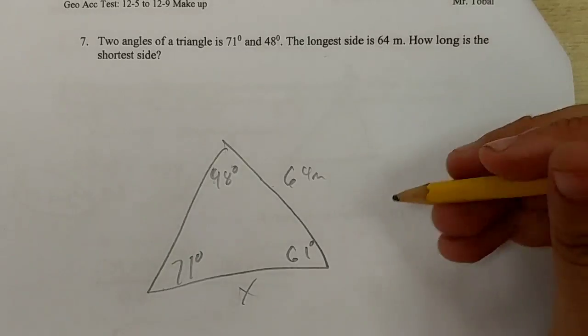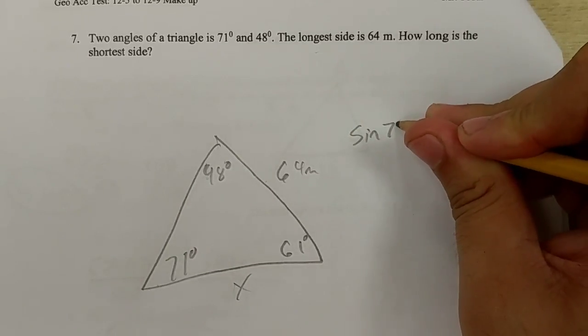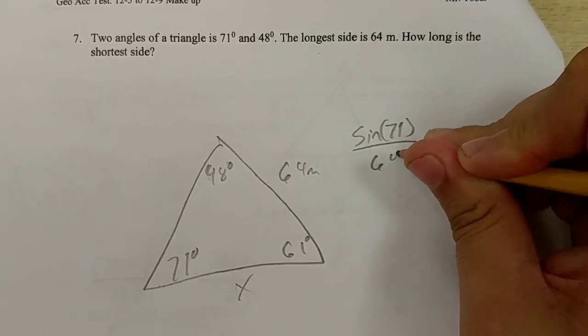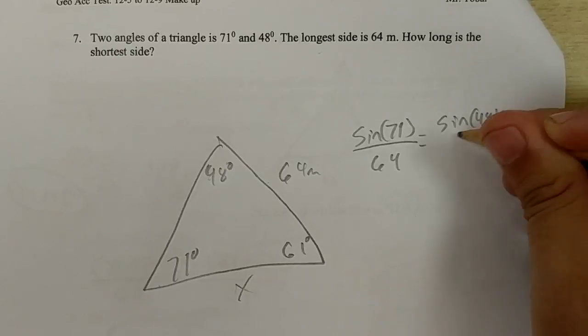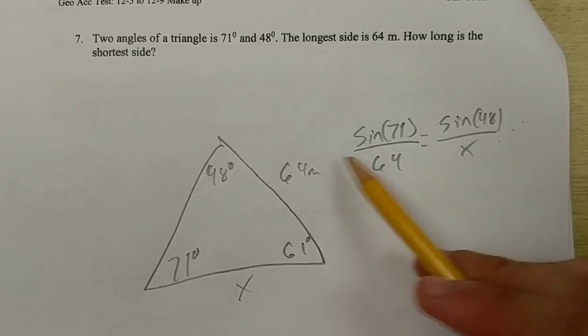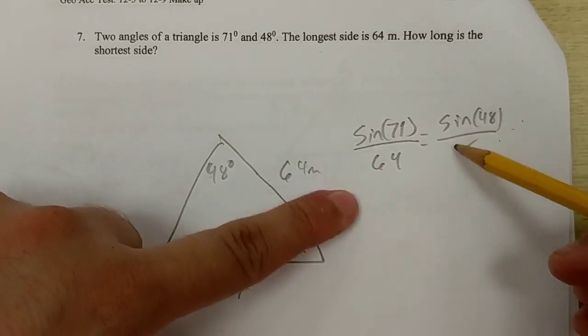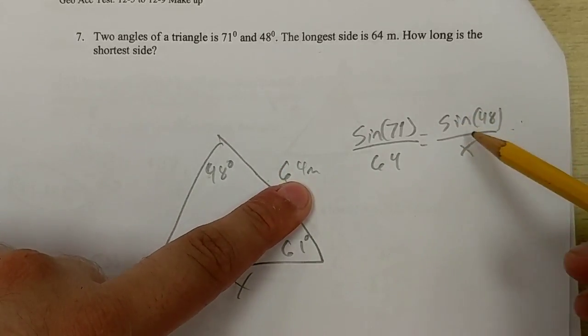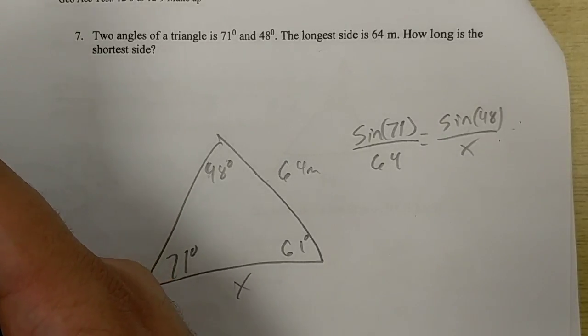Now we have to do some law of sines. So sine of 71 over 64 equals sine of 48 over x. Cross multiply. You could have put it where your sides are on top, and if you did that, all you have to do is multiply by sine 48 on both sides. But because I did it this way, I'm just going to do cross multiplication.